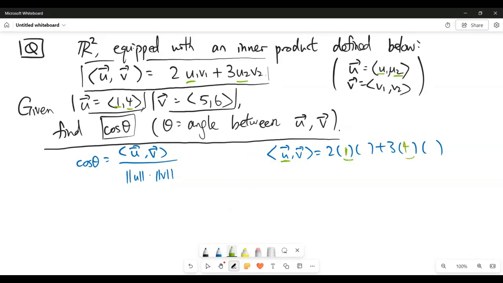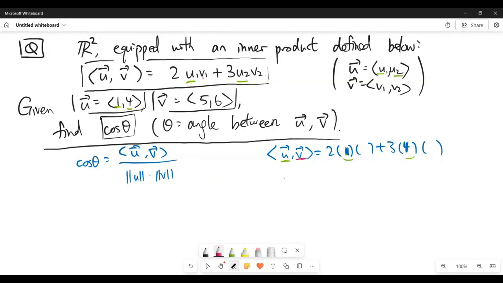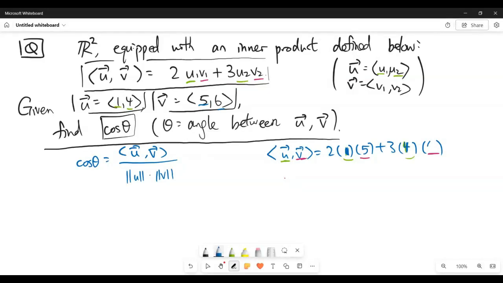Then the next one is v, the second spot, which is the given vector 5, 6. You can do this calculation yourself, then you'll get 82, I believe. So the top is 82.